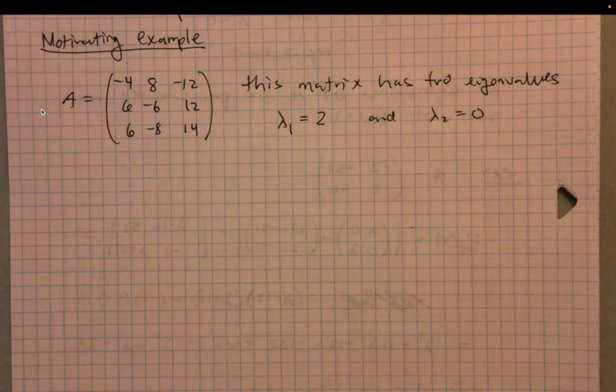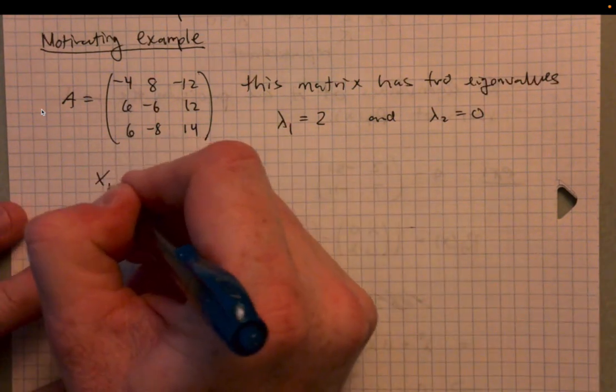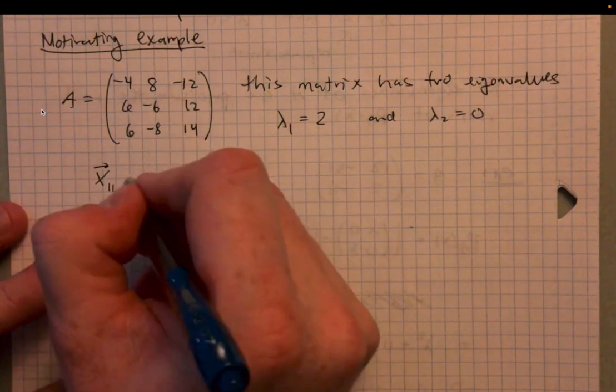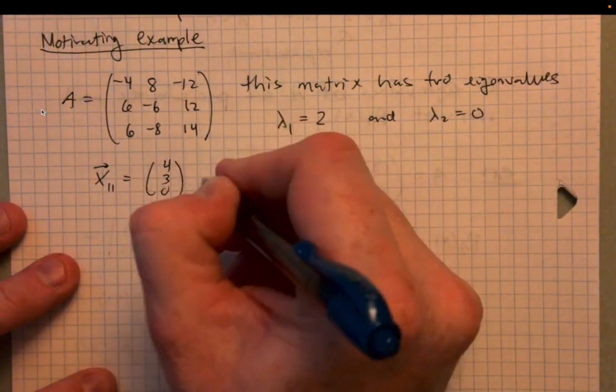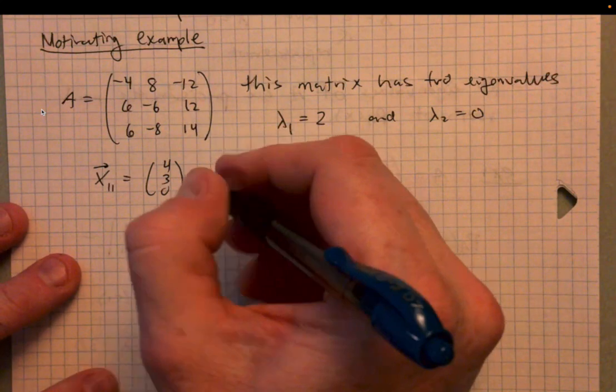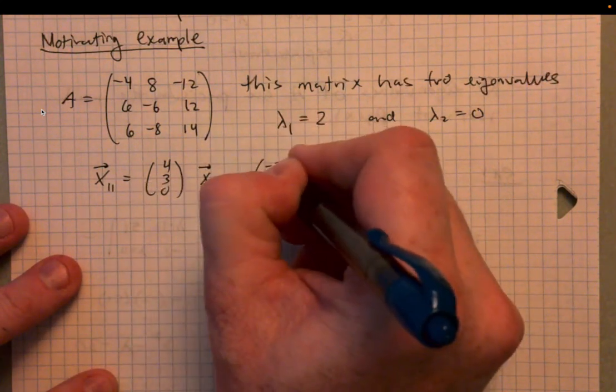And we found eigenvectors to go along with these, right? So let's say x11 was 4, 3, 0, and x12 was -2, 0, 1.